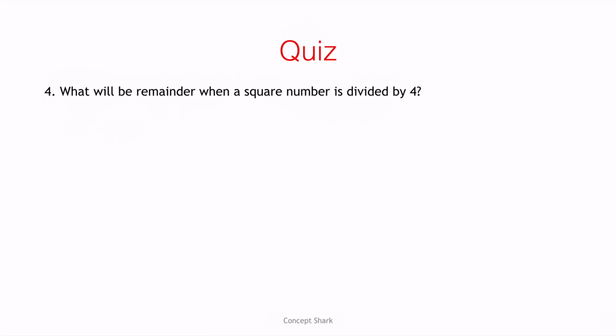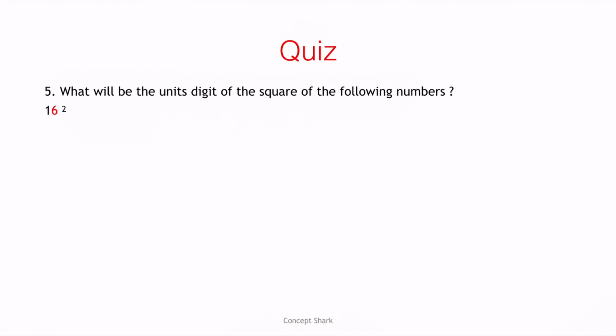Next one, what will be the remainder when a square number is divided by 4? Take any square number, for example 25 divided by 4, we get the remainder 1. So a square number always leaves the remainder 0 or 1 when it is divided by 4.